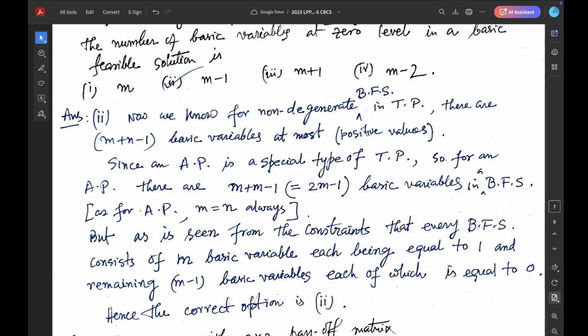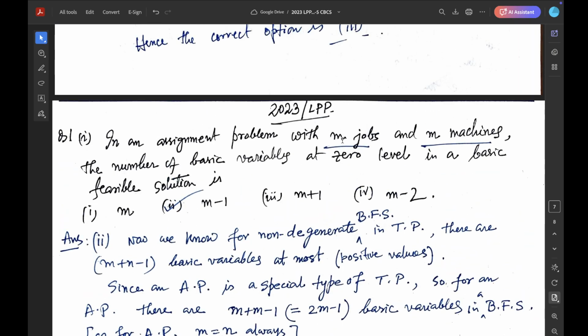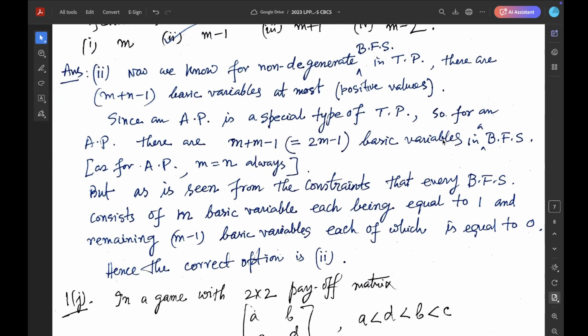Since an assignment problem is a special case of the transportation problem, and is always square type, with m jobs and m machines, there are m plus m minus 1, that is twice m minus 1, basic variables in a basic feasible solution.